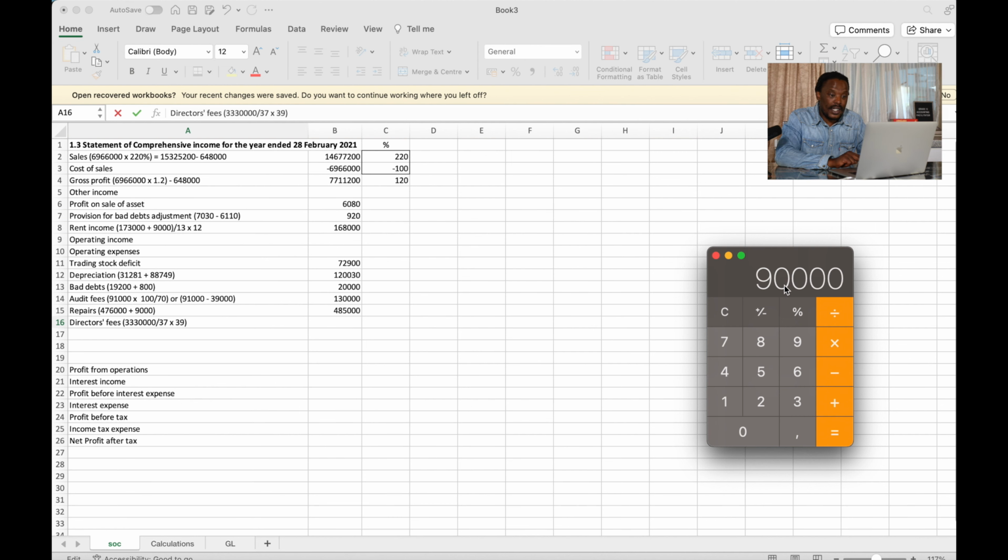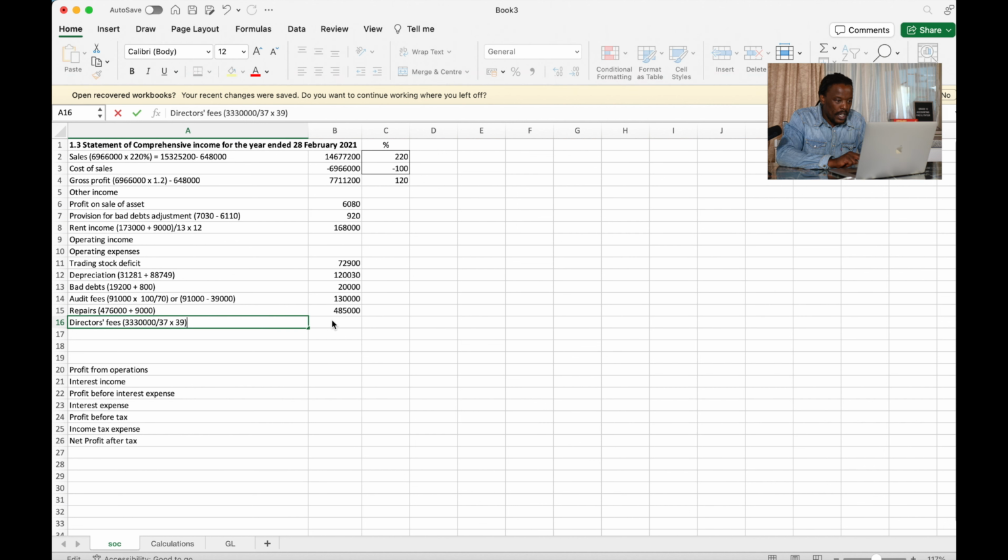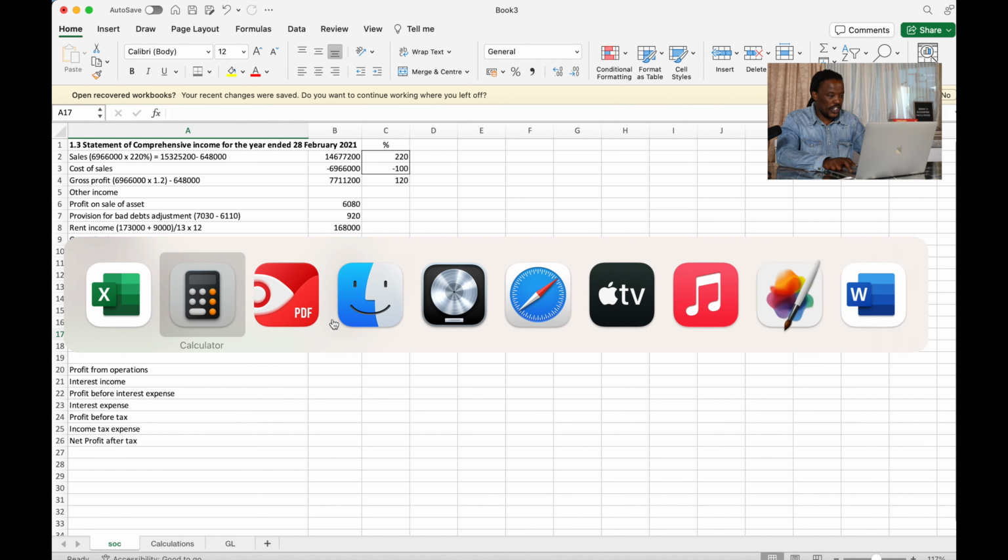Everything must represent 12 months. This director was still owed January and February. Now we understand that it means 90,000 times 39, which equals 3,510,000. We're done with the directors' remuneration.